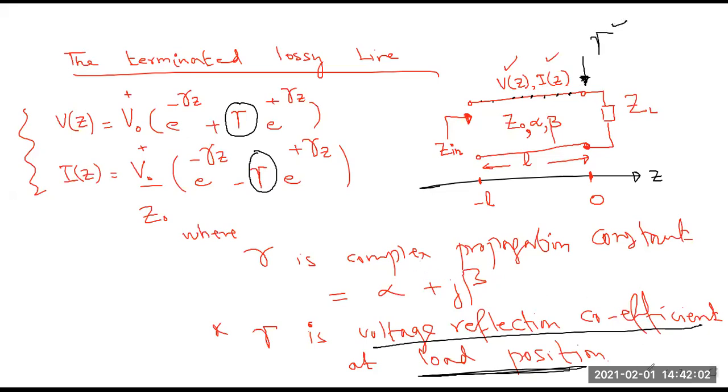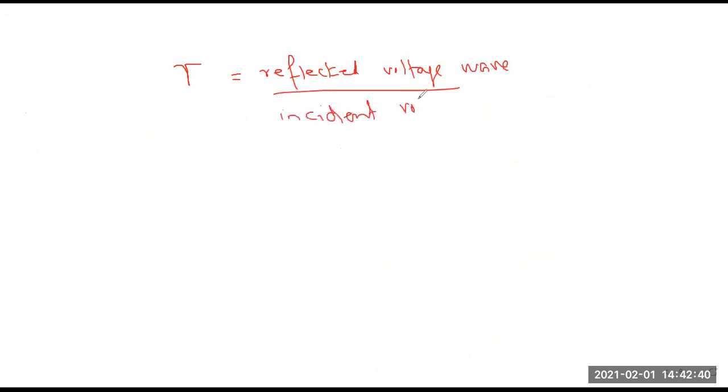So using the same idea, what is the general definition of voltage reflection coefficient? It is the ratio of the reflected voltage wave divided by the incident voltage wave.